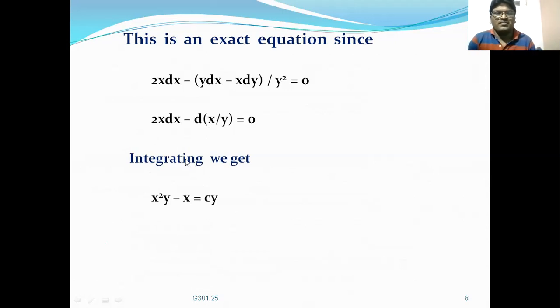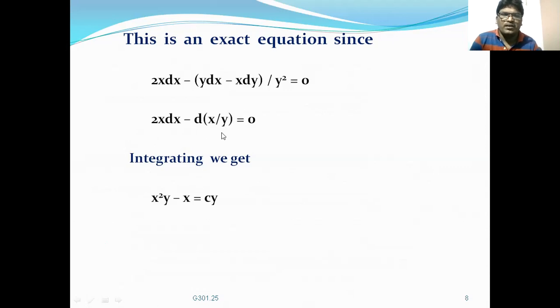I will explain that once again. See here, integration of 2x dx: 2 is constant, integration of x is x square by 2, so 2 gets cancelled and you get x square only. The y comes from the second term. Integrating, the integration and derivative are cancelled, these are opposite terms, so you will get only x by y.